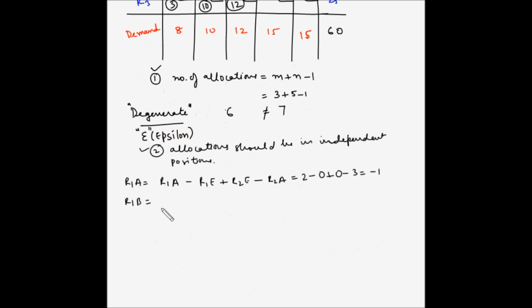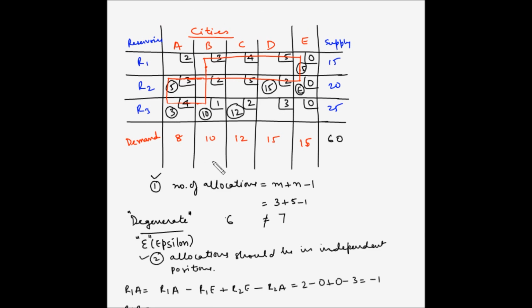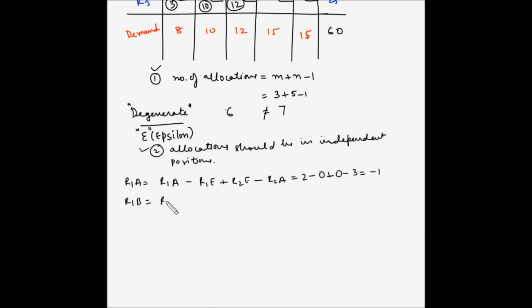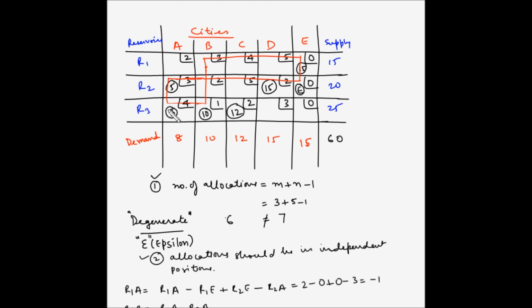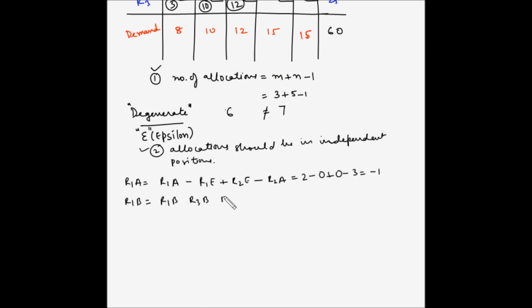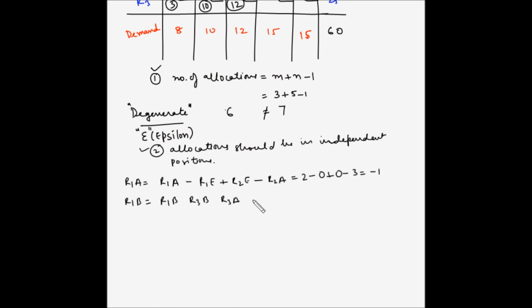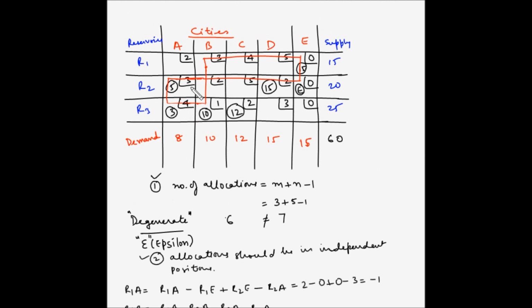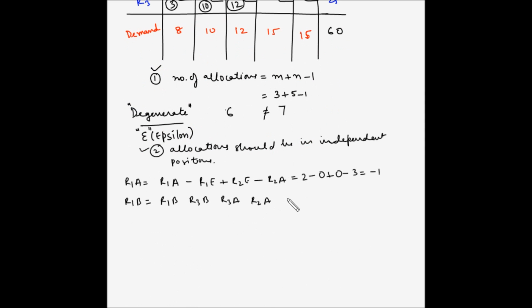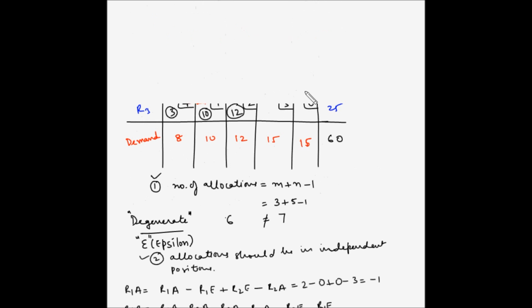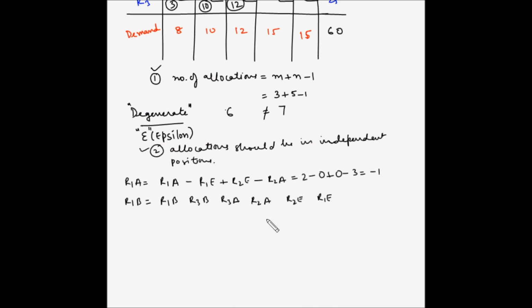So let's note this down. So R1B to R3B, to R3A, to R2A, to R2E, to R1E, and then back to R1B.